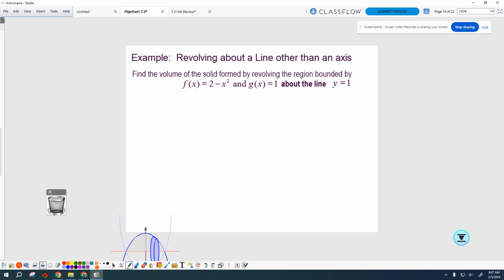Stuff is fun. It becomes every slice is a circle.